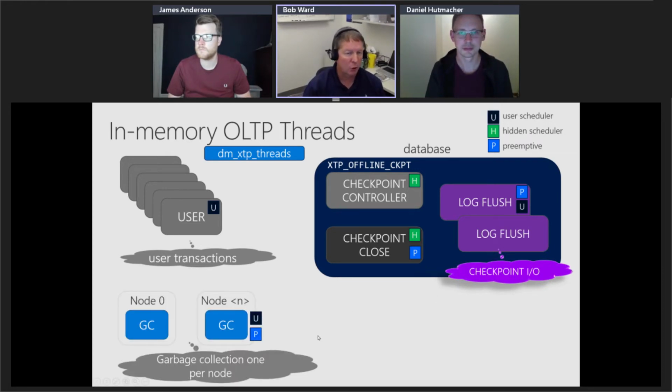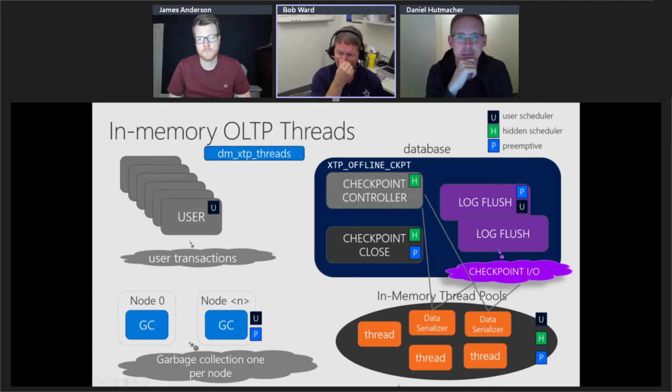We also have, per NUMA node, a garbage collection thread, so we dedicate a background worker to do garbage collection. We still will do some inline garbage collection if we notice that there's deferred records that we've got to delete. So some worker threads, user transactions, can do some garbage collection, not totally unlike SQL, but we dedicate these per node to try to make sure we're spread across nodes, and their job in life is to go clean up any deleted or old version records from updates.